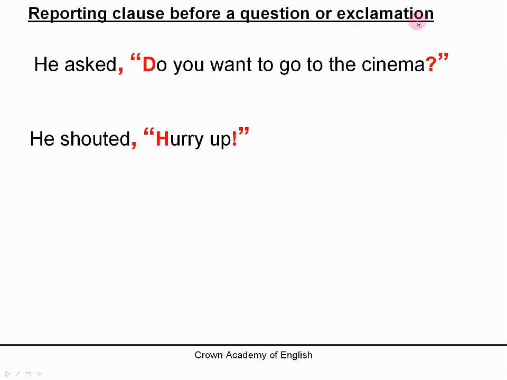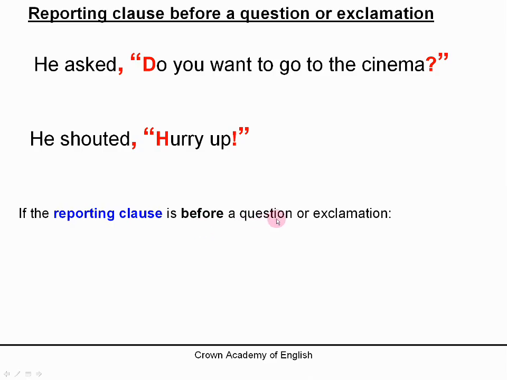So an exclamation is when we say something when we are excited or when we are shouting. Again, if the reporting clause is before the question or exclamation, which it is here, this is the reporting clause before a question, and here is a reporting clause before an exclamation.